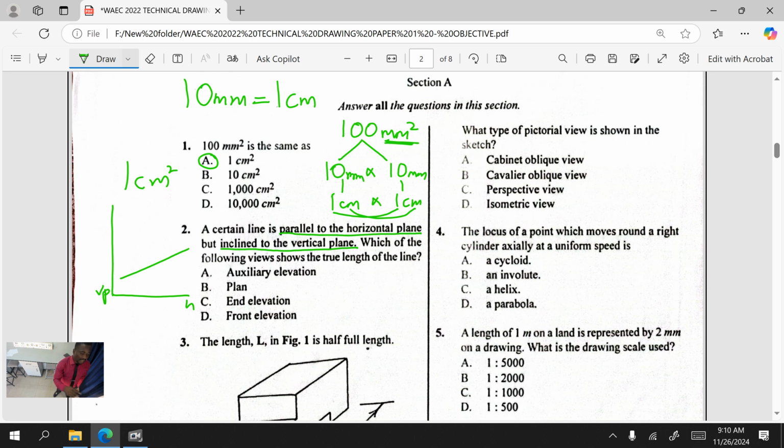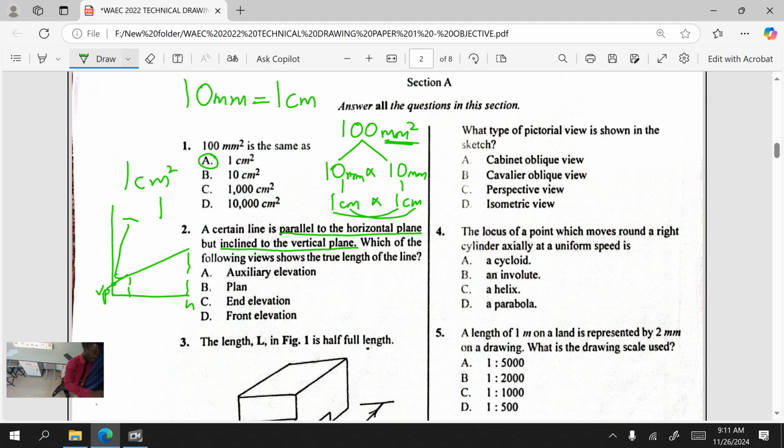That means since that line is parallel to the horizontal plane, if you project this, it will fall at an angle to the vertical plane. Can you see it now? But this line is going to be parallel to the horizontal plane. So in what view can this show the true length of the line?